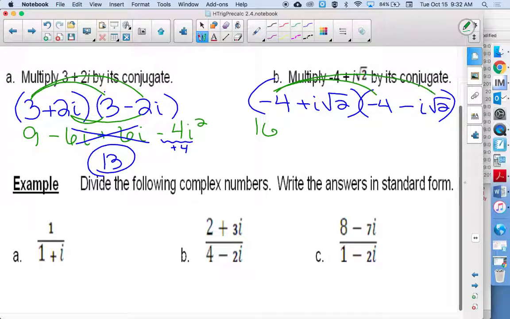Negative 4 times negative I square root of 2. Good. And then I square root of 2 times negative 4. And then what happens when you take I square root of 2 times negative I square root of 2?